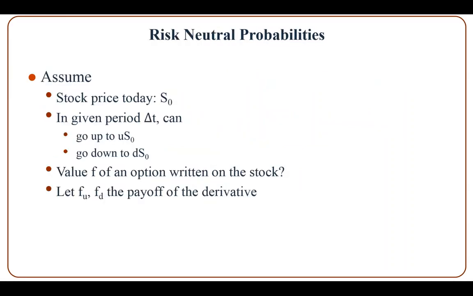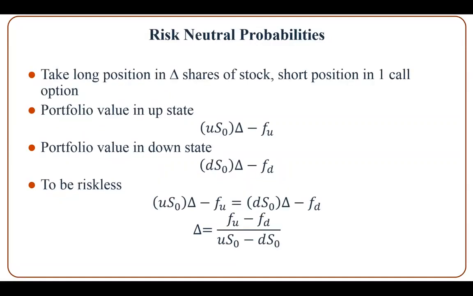Assume that the stock price today is S0, and in a given period delta T, it can go up to U S0 or down to D S0. Then what is the value F of an option written on the stock? So here we let FU and FD be the payoffs of the derivative. We take a long position in delta shares of stock and a short position in one call option.